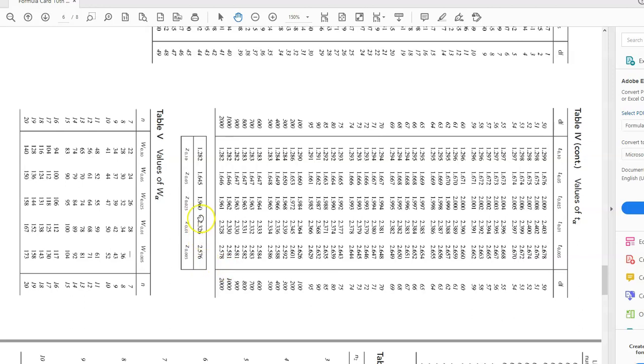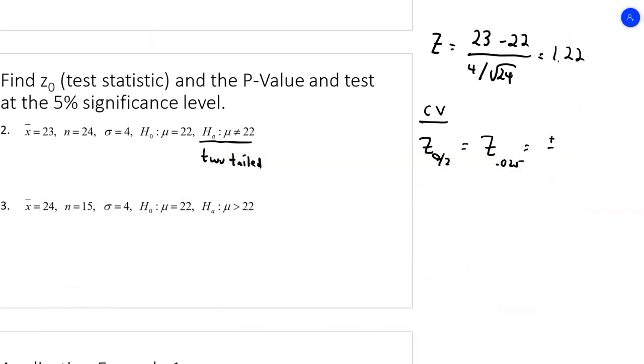Z of 0.025 is this one in the middle, 1.960. But because it's two-tailed, it's actually plus minus 1.960. So it could be up here at 1.960, or it could be down here at negative 1.960.